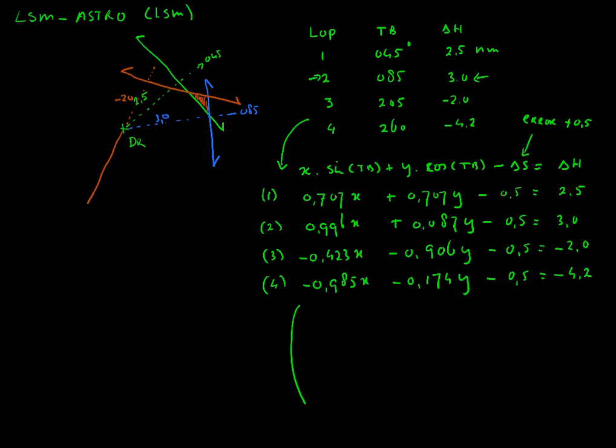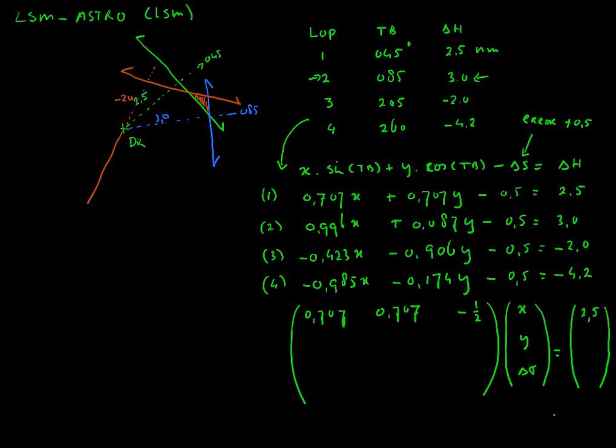So now we're going to solve this set of equations, but first thing we do is making a matrix of it, and it's quite straightforward. We just take here the 0.707, then the second one is 0.707, it's the y value, and then minus a half.